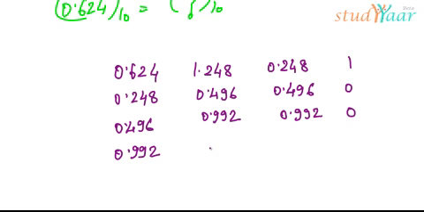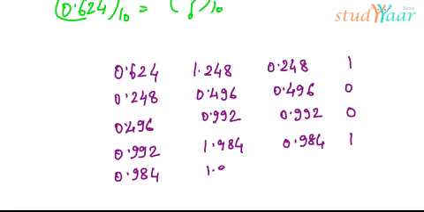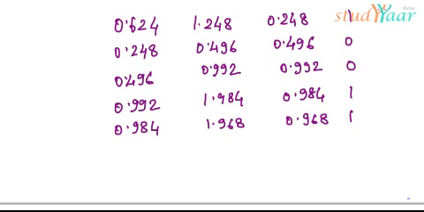Multiply this by 2, I get 1.984. My fractional part is 984, my integral part is 1. I multiply it again by 2 and I get 1.968. Fractional part is 0.968. Integral part is 1.